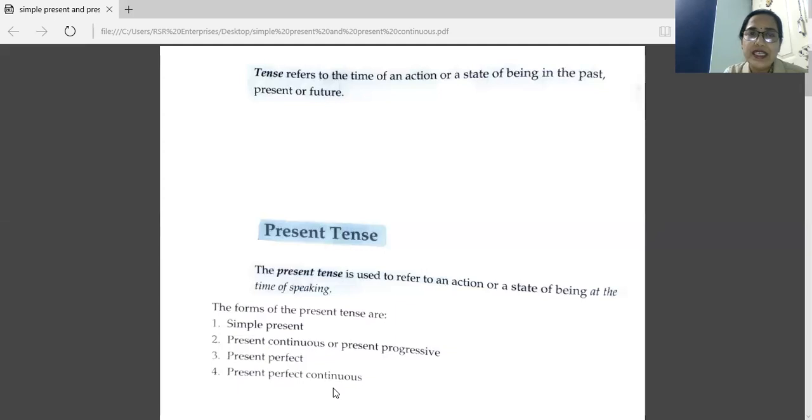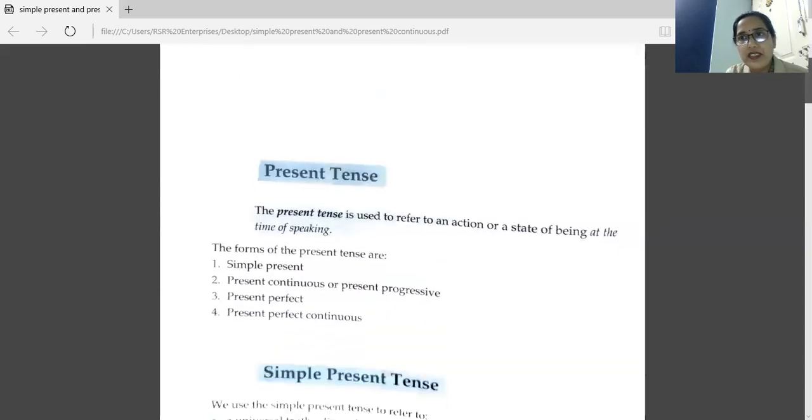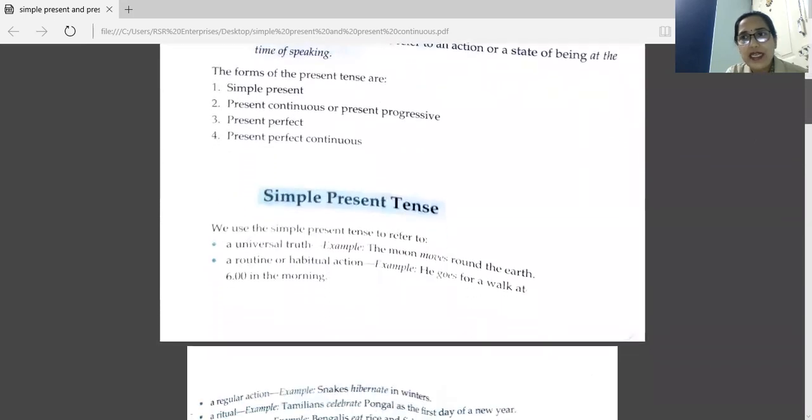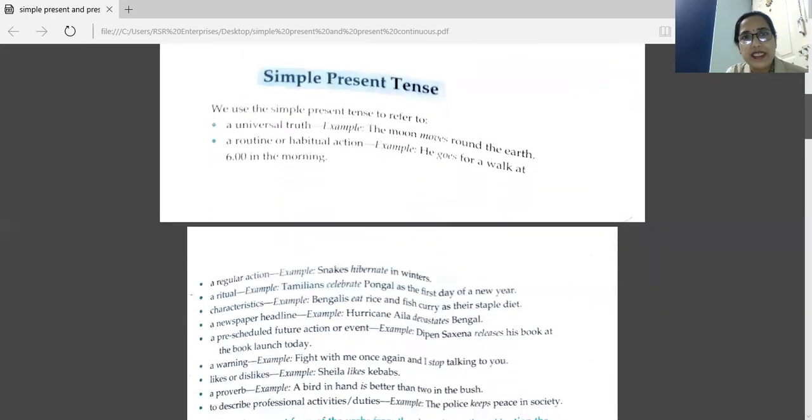And fourth is present perfect continuous. So these are four forms of present tense. Now, today we'll study only the first two forms, that is simple present tense and present continuous tense.